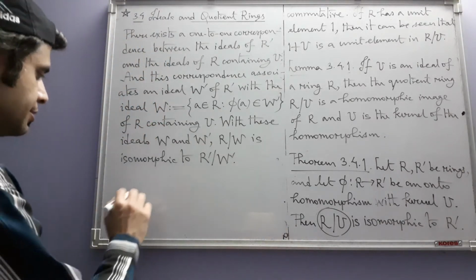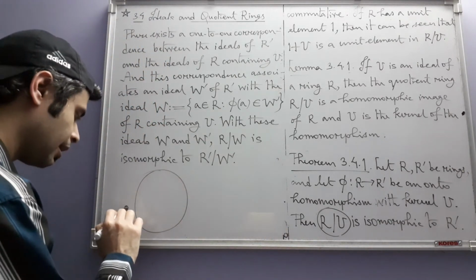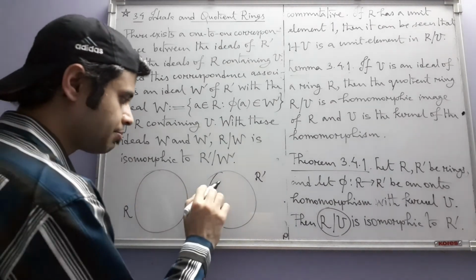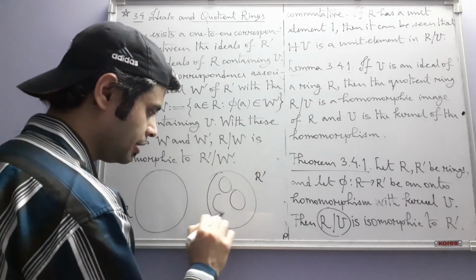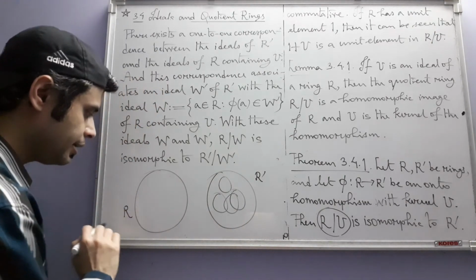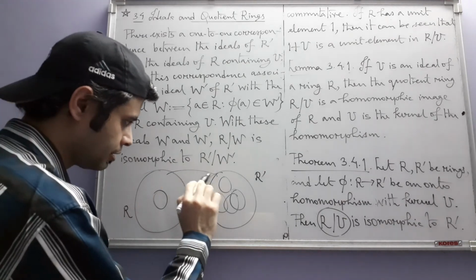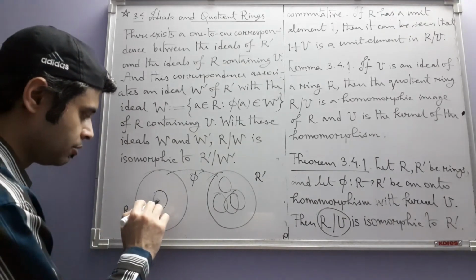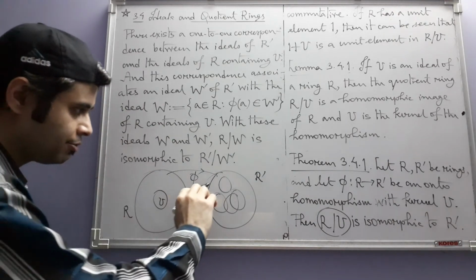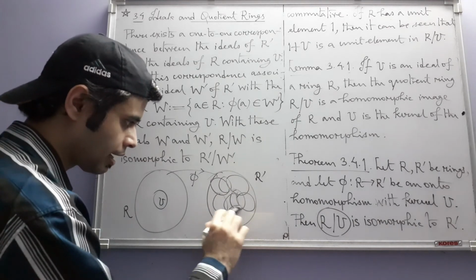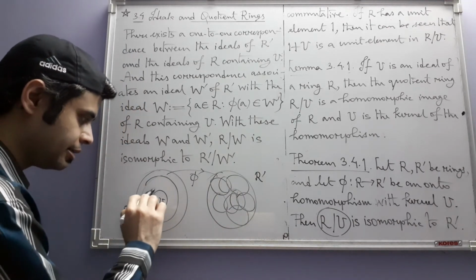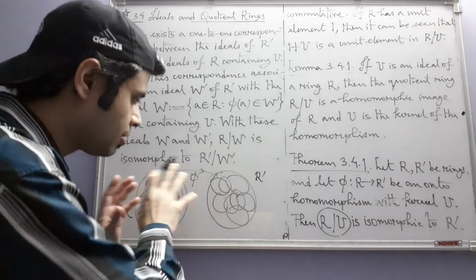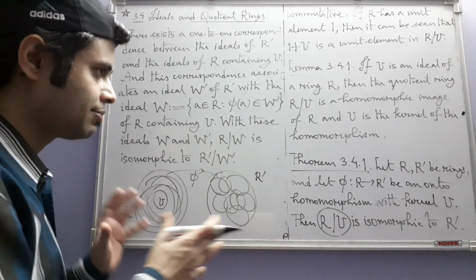What the other one says is this. Here you have R. Here you have R prime. Now in R prime we have ideals, right? Many ideals are there. In R also we have ideals, but there is an onto homomorphism phi from R onto R prime, whose kernel is U. Now if we collect all the ideals in R prime and all the ideals in R that contain U, then these two collections have the same cardinality.